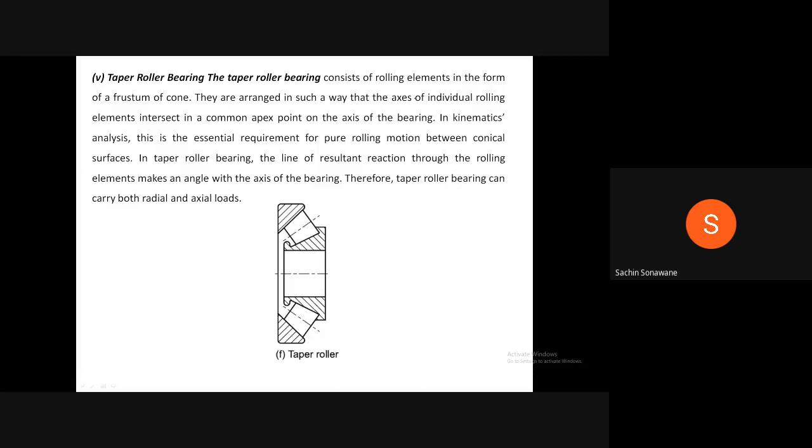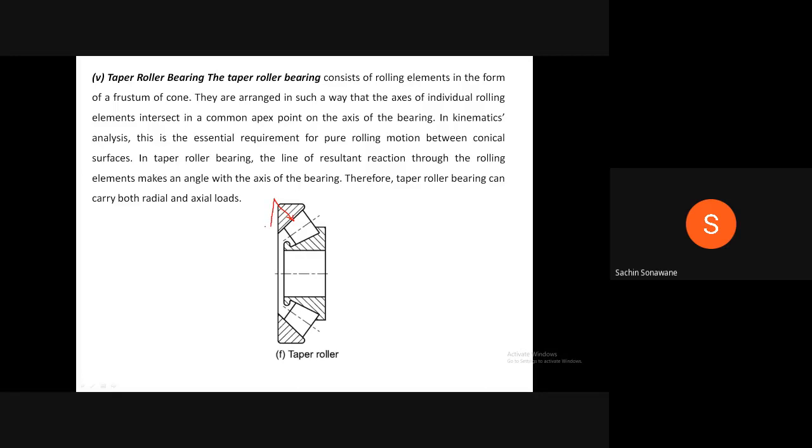For pure rolling motion between conical surfaces in a taper roller bearing, the line of resultant reaction through the rolling elements makes an angle with the axis of the bearing. Therefore, a taper roller bearing can carry both radial and axial loads. See that here force is acting like this, perpendicular to the rolling element.